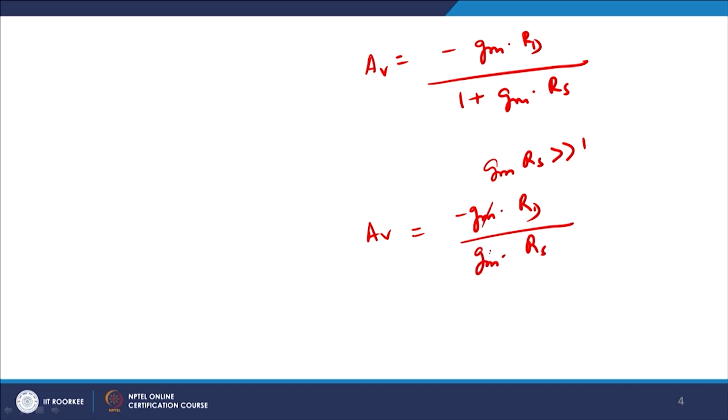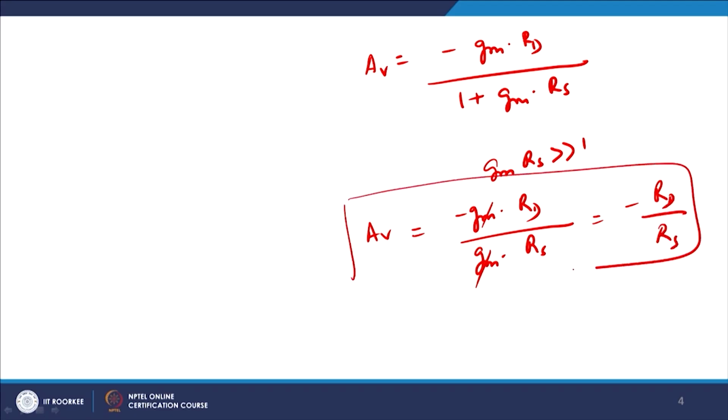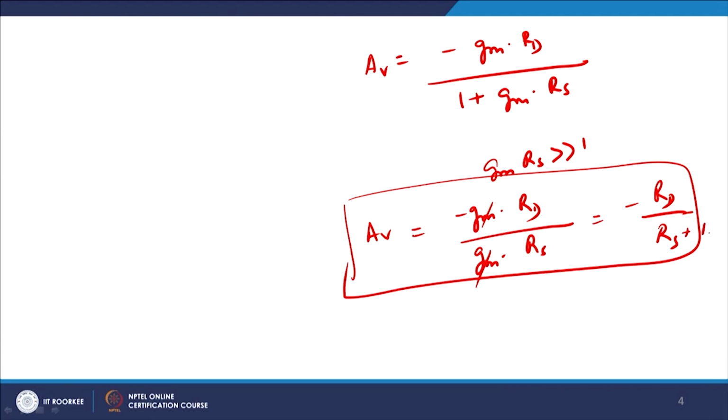The gm cancels out and you are left with minus Rd by Rs as the gain. This means that if you want to find the gain by inspection, look at the drain resistance and the source resistance. There is an issue that in the source resistance the extra term 1/gm will also come into the picture, because when you see from the source side, that extra term has already come. If you remember correctly, it has already come, so you need not put it in, but typically Rd by Rs will be the value of Av which you get in such a scenario.